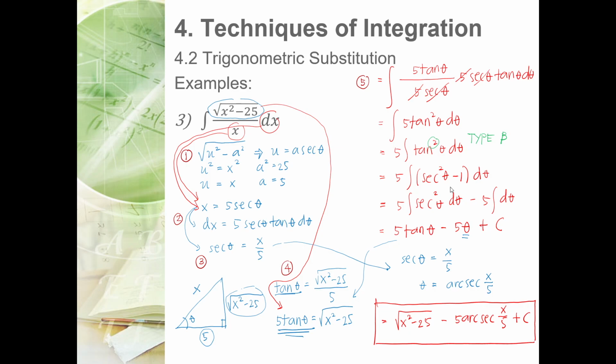And just let me write the sixth step here. This is the sixth step, replacing back the value of our theta variables.